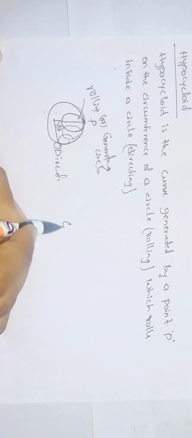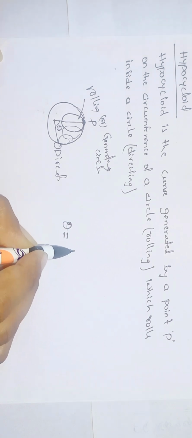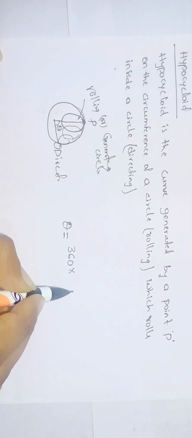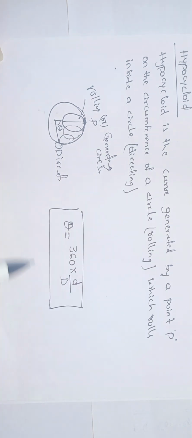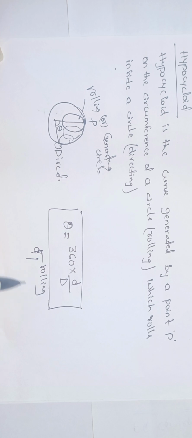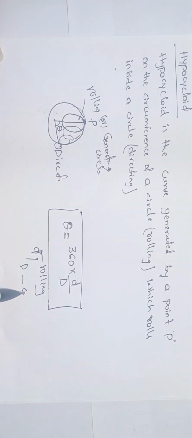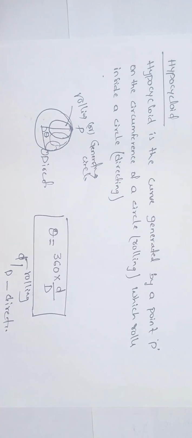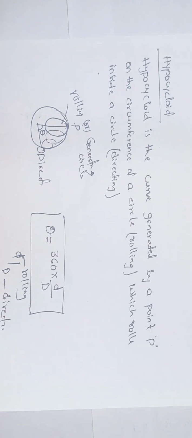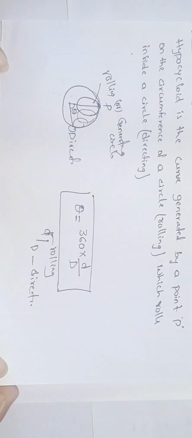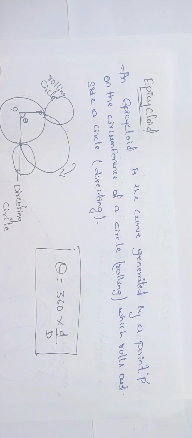Same formula: theta equals 360 into small d by capital D, where small d is the rolling circle and capital D is the directing circle. These are the three curves: cycloid, epicycloid and hypocycloid introduction part.